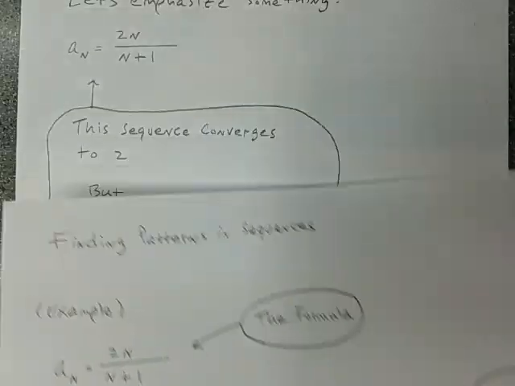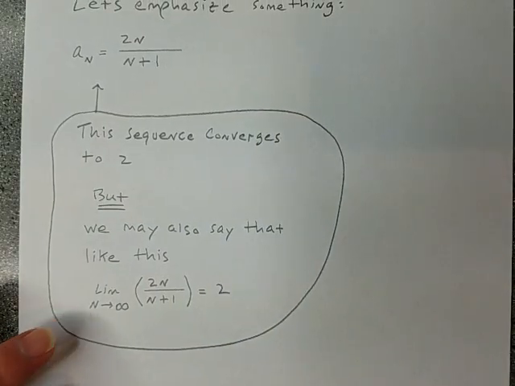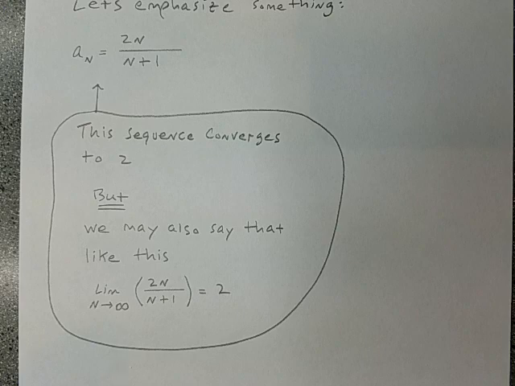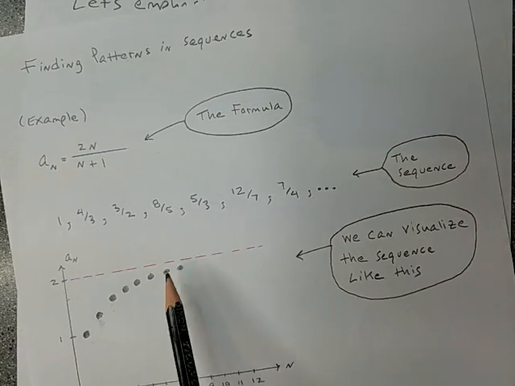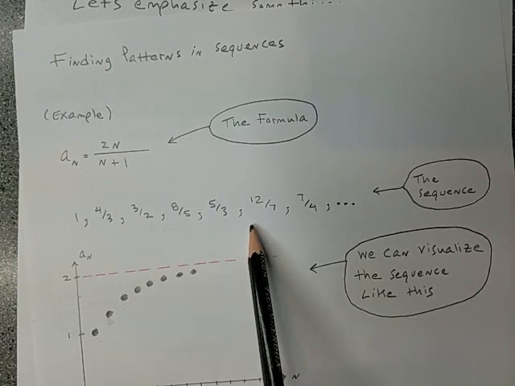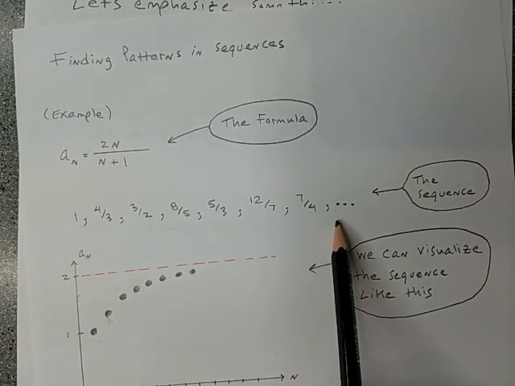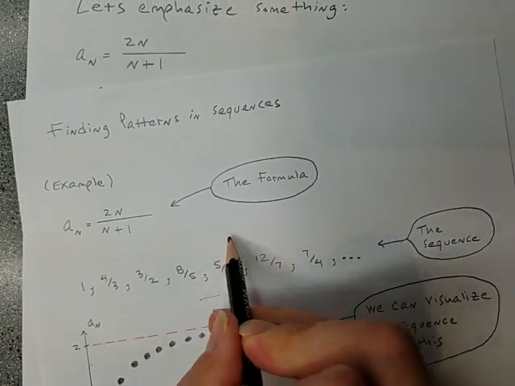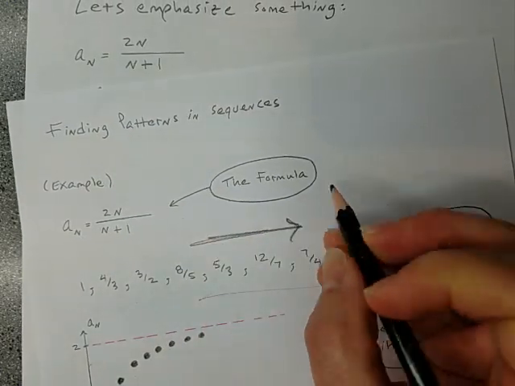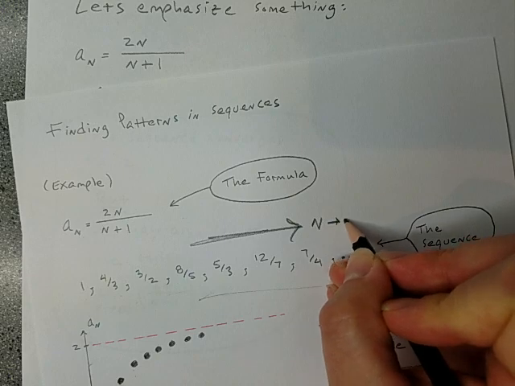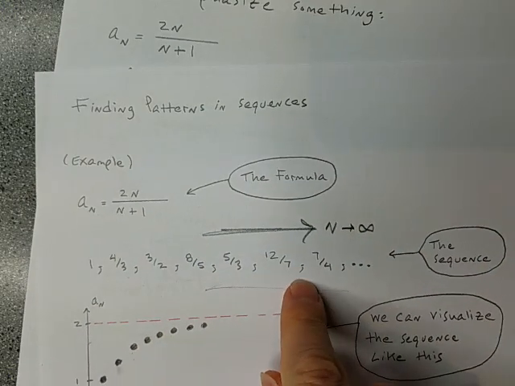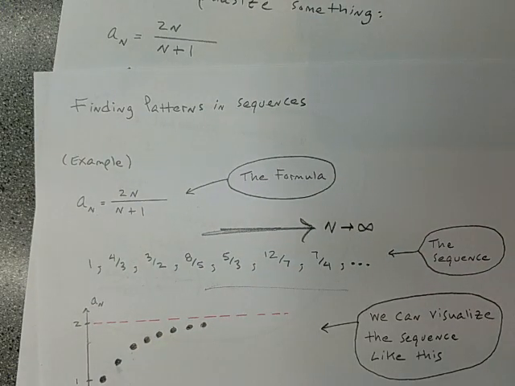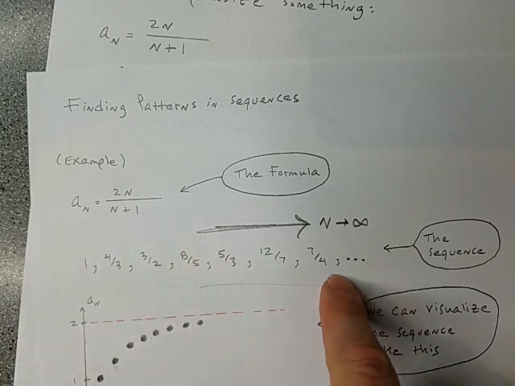All right, it is a limit. Can we agree that it's a limit? Can we agree that for me to say that these individual numbers get closer and closer to 2, the further down the list I go, what happens as you go this way? N is going to infinity, right? As you go down the list, the n is getting bigger, but the term is getting closer to 2.